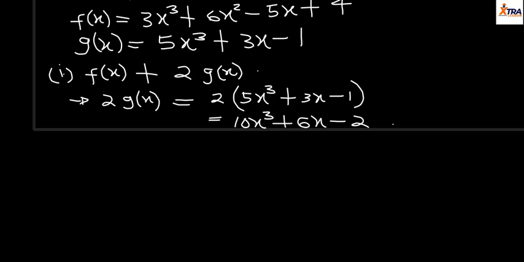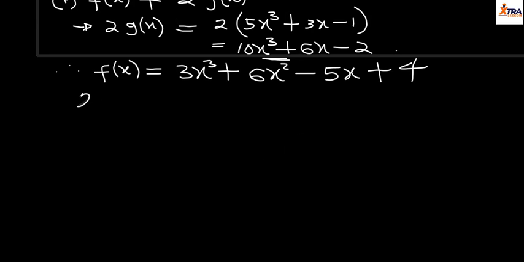Since I have these two, I can now add them up. I'll put my f of x here. A very good way to do it is to analyze it in tabular form. For f of x, we have 3x cubed plus 6x squared, and for 2g of x I have 10x cubed. I am adding these two together, so I put my plus here.